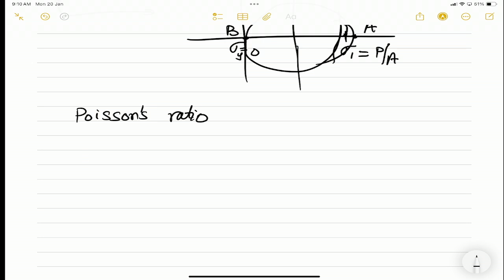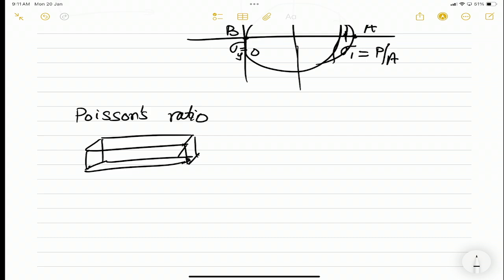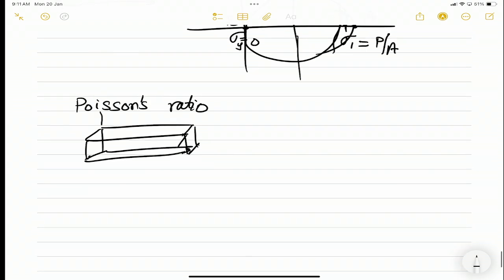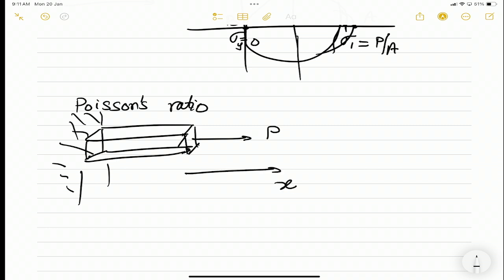Now, let's look at a bar like this. This is fitted on a wall. The force P is applied. This is the x direction. And let this be the y direction. Sigma x is equal to P upon A.